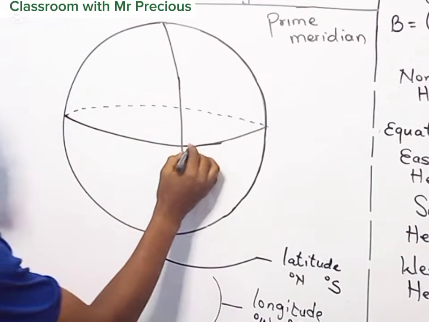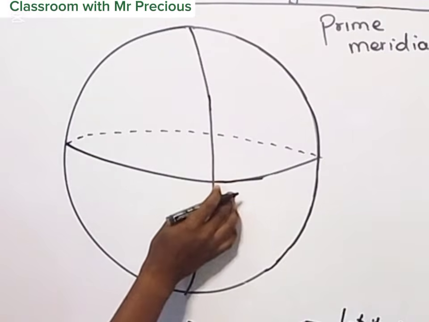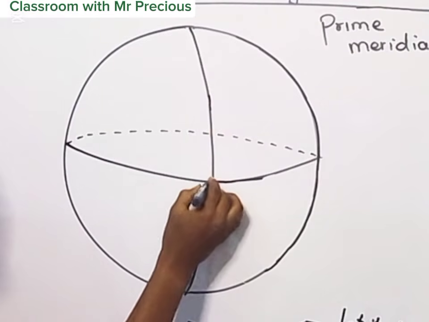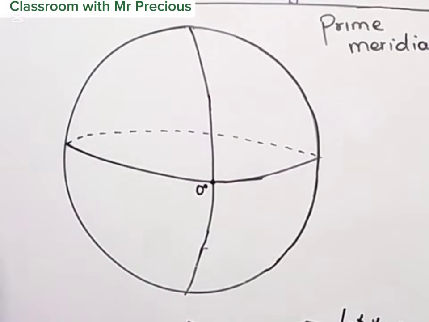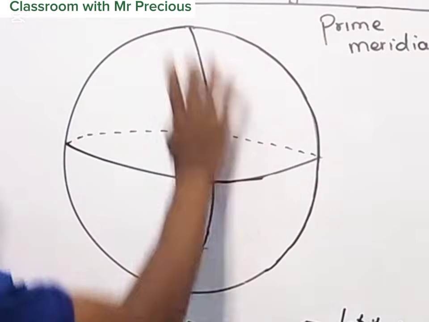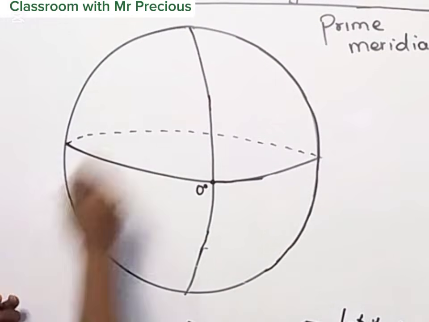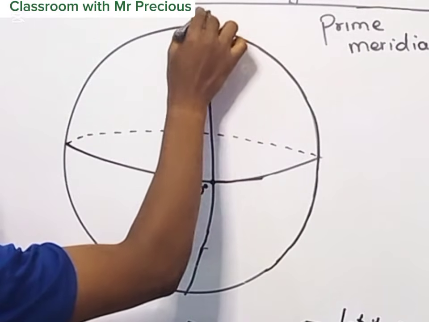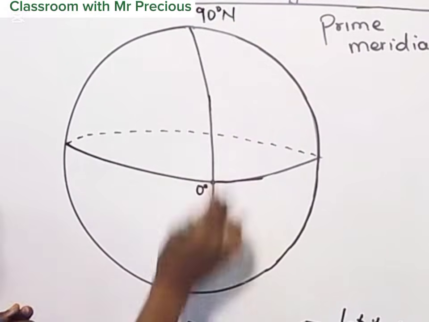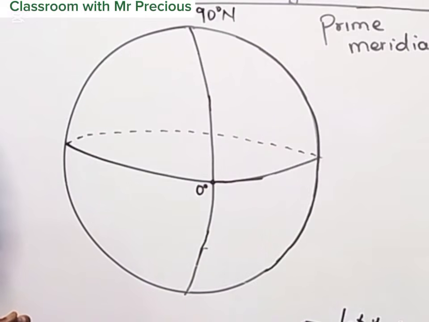For instance, the intersection of the equator and the prime meridian is 0 degrees. The more you go up, the more you go towards 90 degrees north. The more you go down, the more you go towards 90 degrees south.